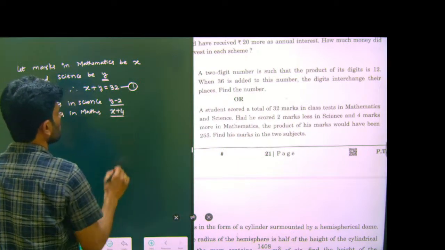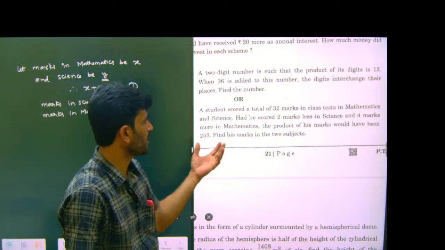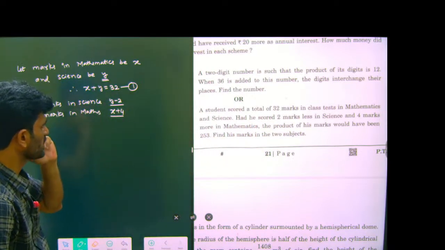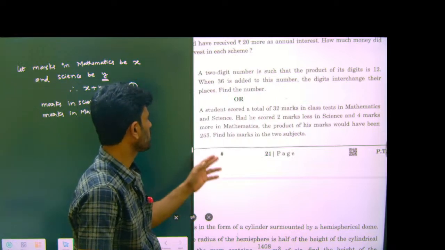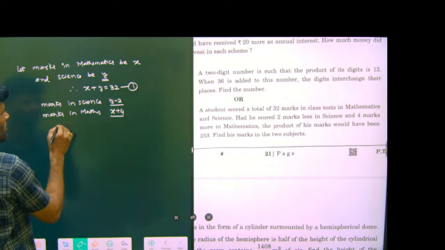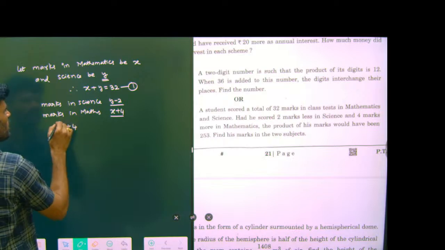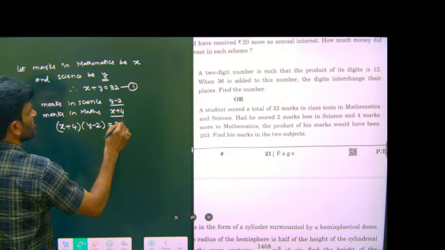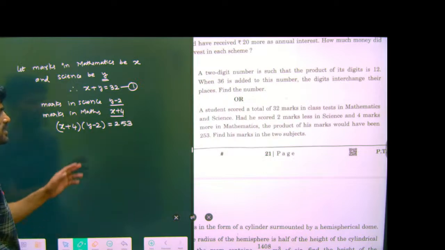Now these are the marks later, y minus 2 and x plus 4. Now the product of these two is 253. So x plus 4 into y minus 2 is equal to 253. Like this we get the equation.